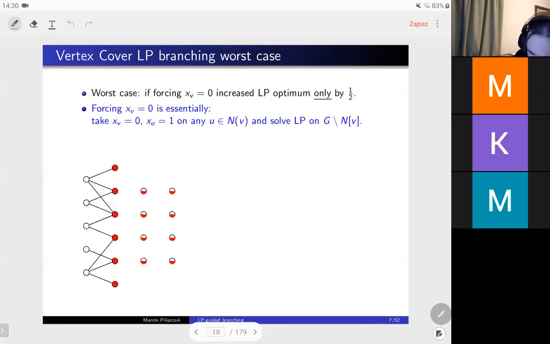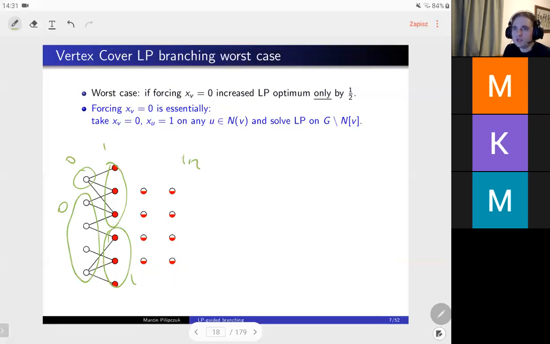So how does it work? You take some guy, maybe this guy, it will take the neighbors to be 1, and then it will resolve the vertex cover LP on the remainder of the graph, okay? And this is not necessarily all halves anymore. It can put some zeros here, and some ones here, and the rest is 1/2, okay?